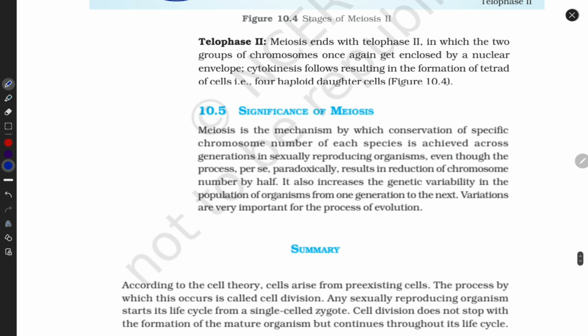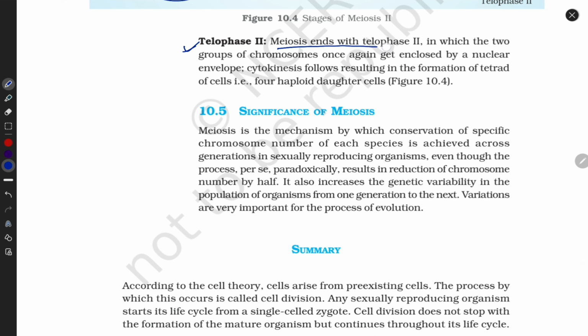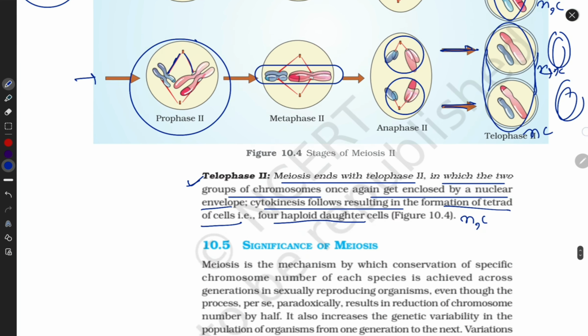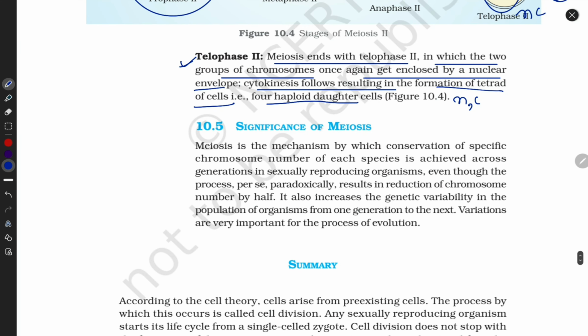Now what is telophase? Meiosis ends with telophase second, in which the two groups of chromosomes are once again enclosed by a nuclear envelope. Cytokinesis follows, resulting in a tetrad of four haploid cells.